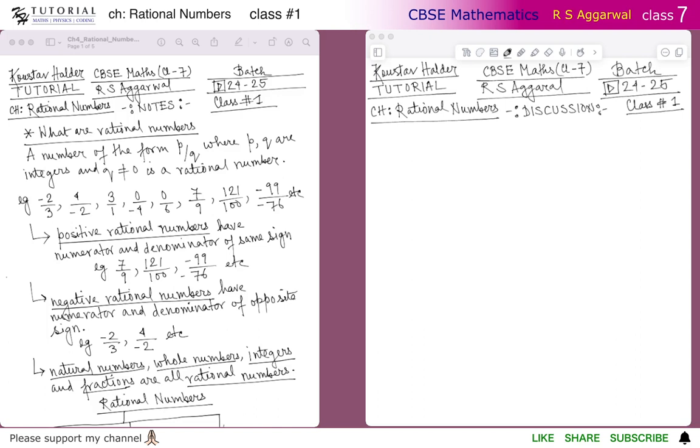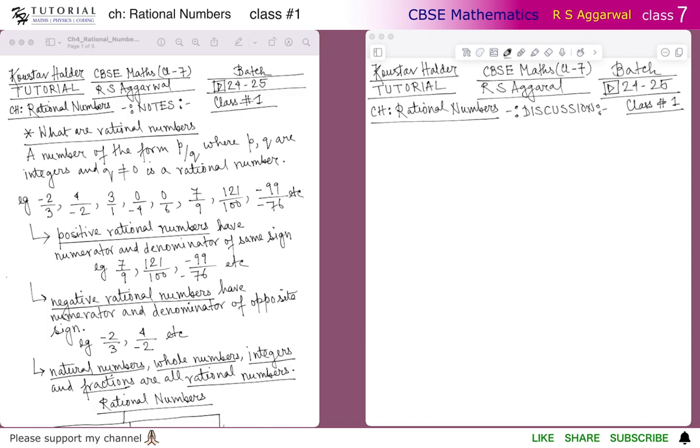For example, as you can see in the notes, minus 2 by 3, 4 by minus 2, 3 by 1, 0 by minus 4. Please note that 0 by minus 4 is also a rational number because 0 and minus 4 both are integers. So 0 is also a rational number.